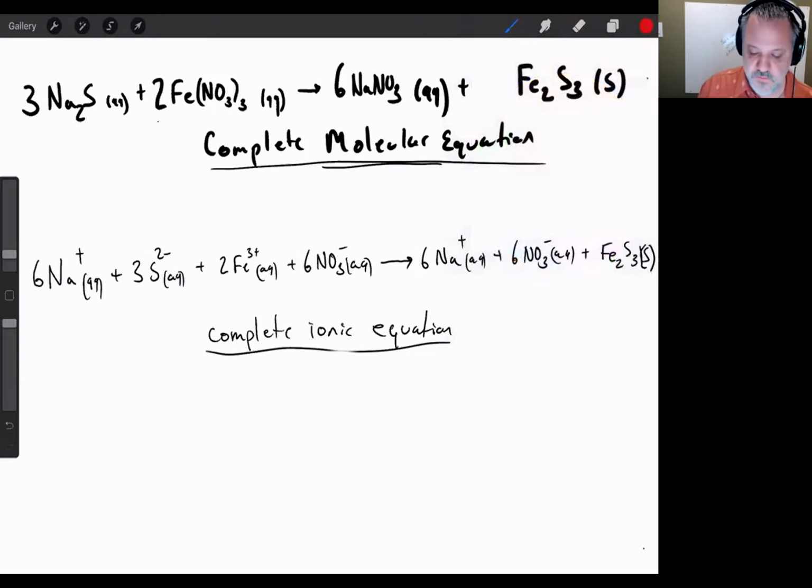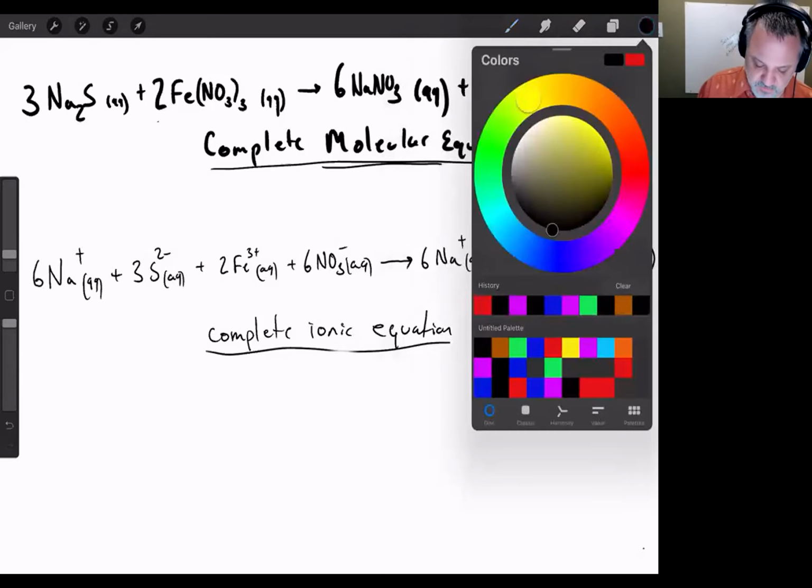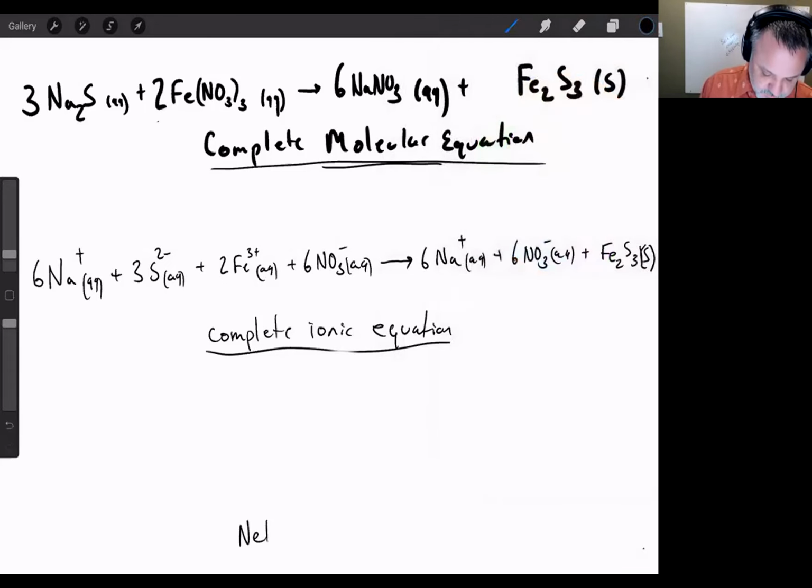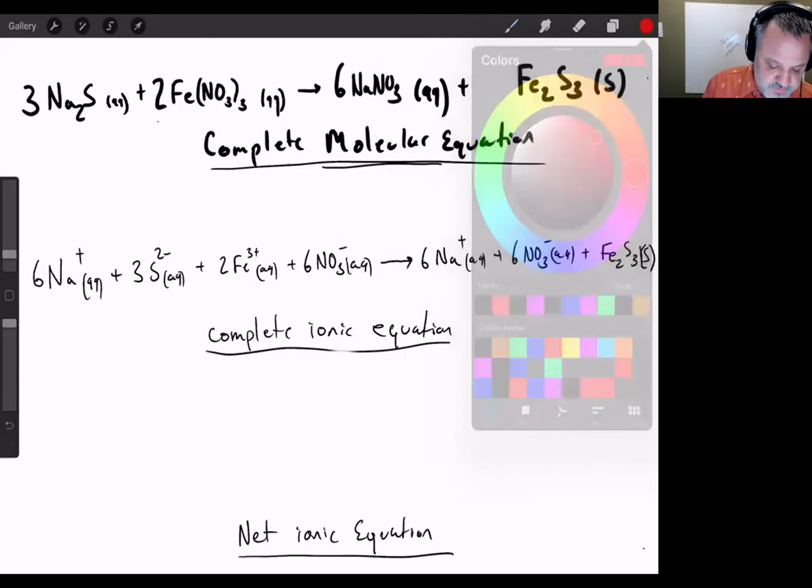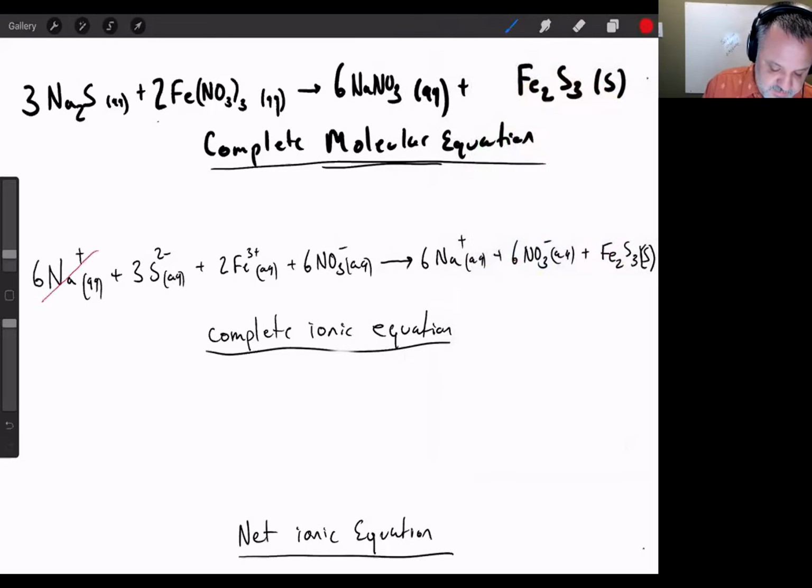All right, let's do the net ionic equation. I write the net ionic equation by canceling out anything that appears on both sides.